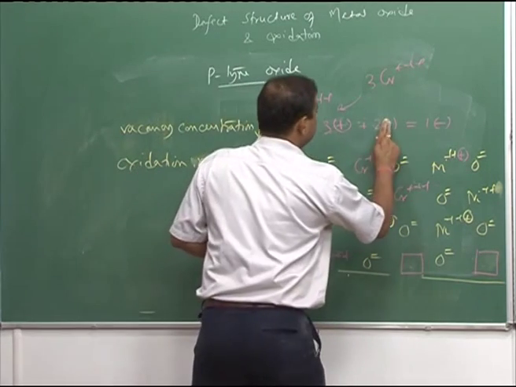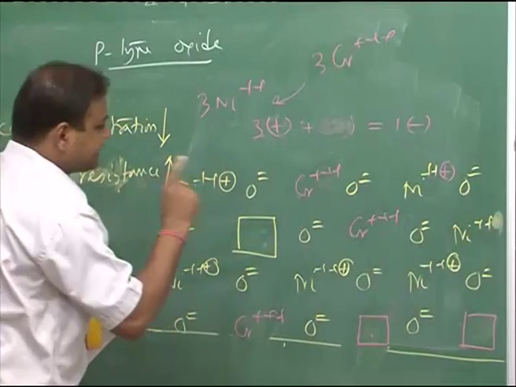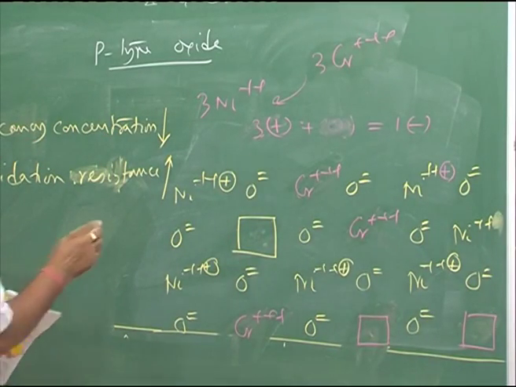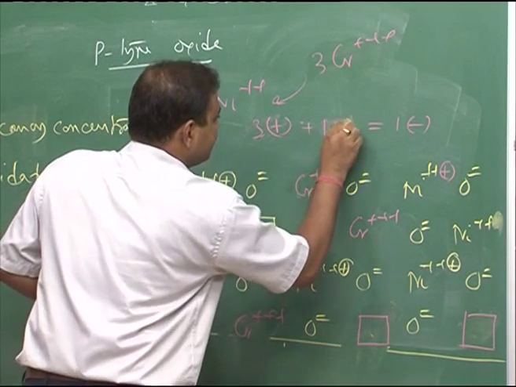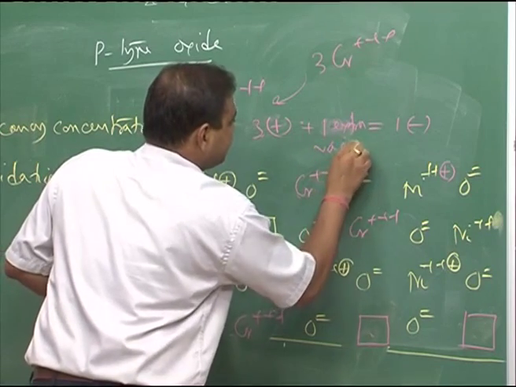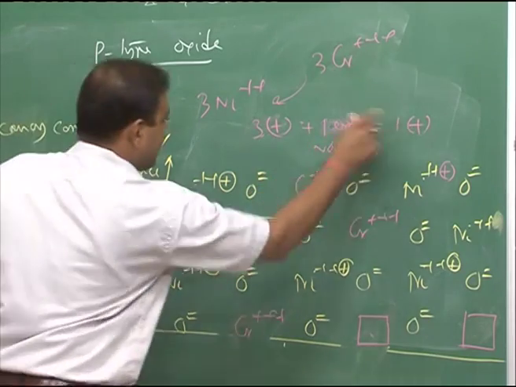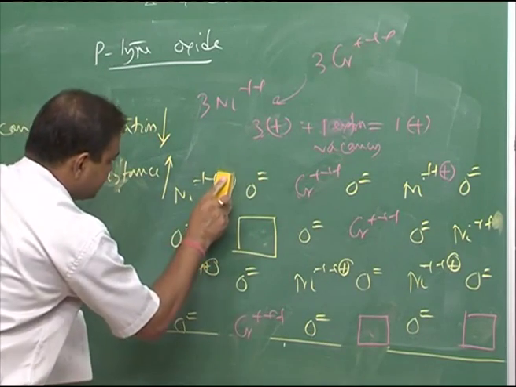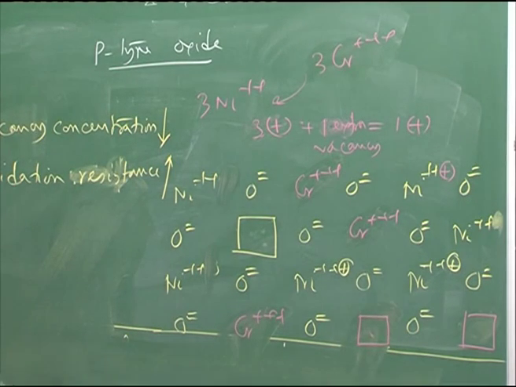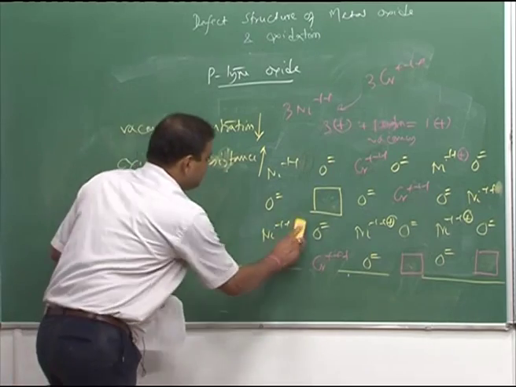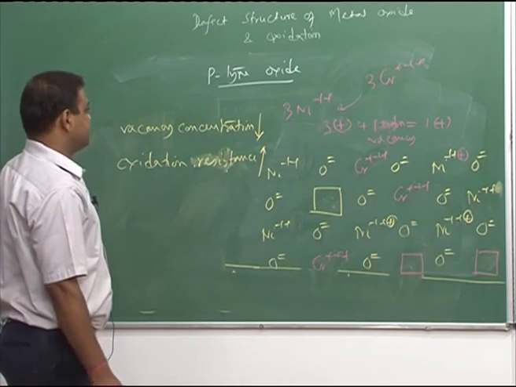If we have 3 vacancies, then one extra positive charge is still left, and in order to balance that we can reduce the positive hole. So, if we reduce the positive hole, we see that overall charge neutrality is maintained.